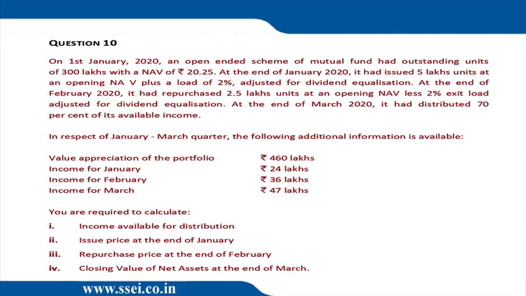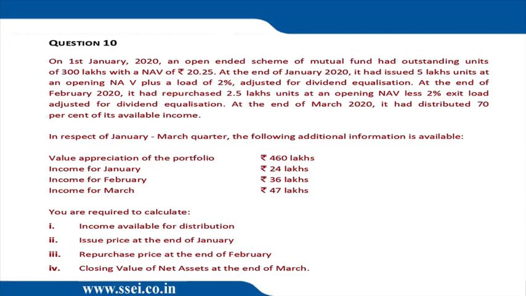And then we add the 0.08, which gives 20.735. 20.735 is my answer. If you look at the question, in the second part they've asked the issue price at the end of Jan, that is 20.735. This is because it is the opening NAV plus load adjusted for dividend equalization, that means the income earned in Jan, he has to pay for it. So 24 by 300 is the per unit income. 20.735, my answer for the second part is complete.